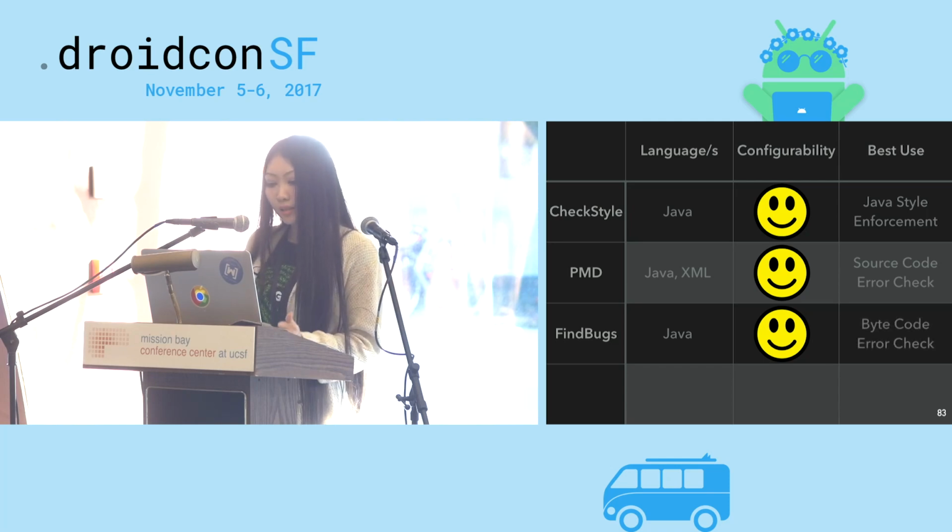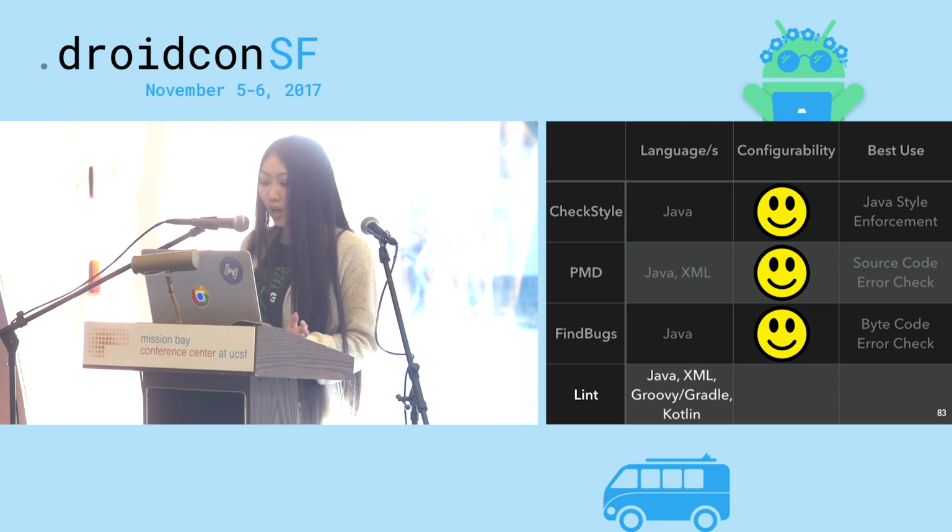The last is Lint, which we've been talking about for the past 40 minutes, so what do we use that for? Well, Lint works on a lot of languages such as Java, XML, GUI, Gradle, and also Kotlin. This is the only one that has the Kotlin error checks now. And it's highly configurable and customizable.